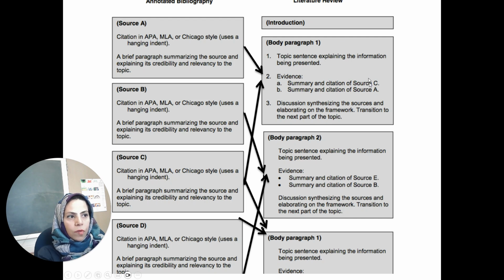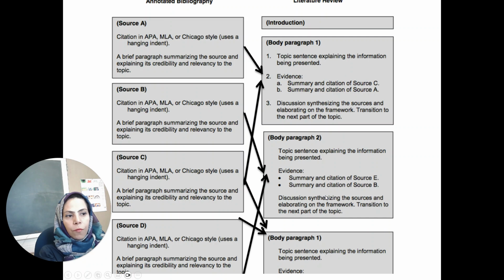And then you summarize that evidence कि source A ने ये कहा है इसके बारे में और source C ने ये कहा है. But these two things alone are not sufficient. After writing these two things, you should be discussing and synthesizing the sources and elaborating on their work by giving your insights, by giving your critique.